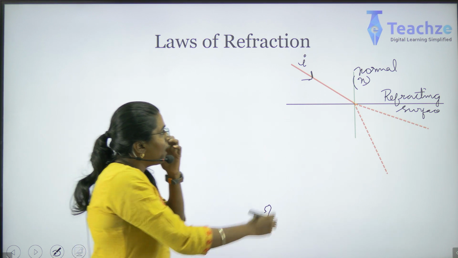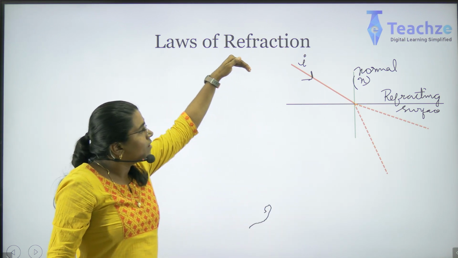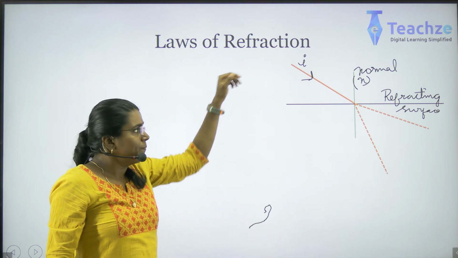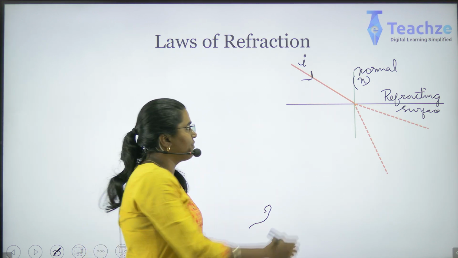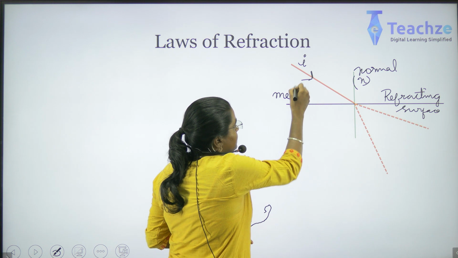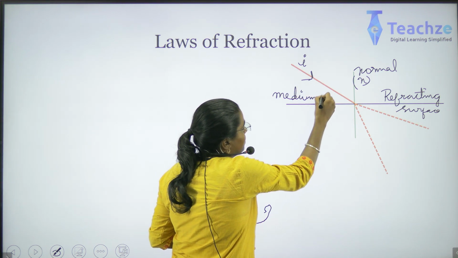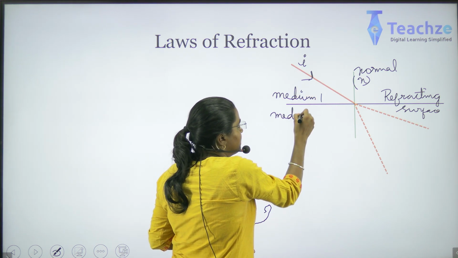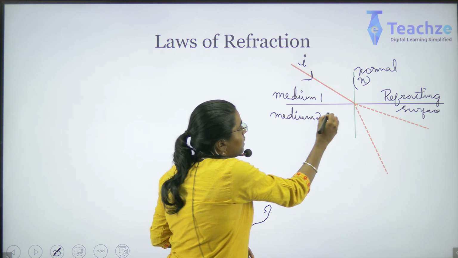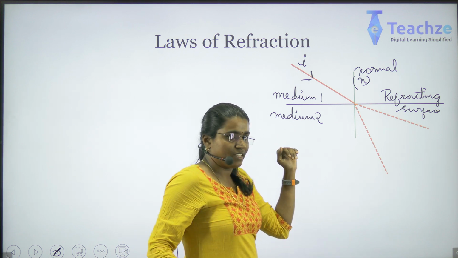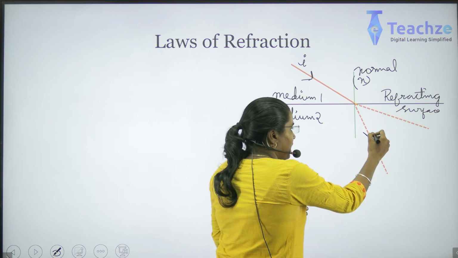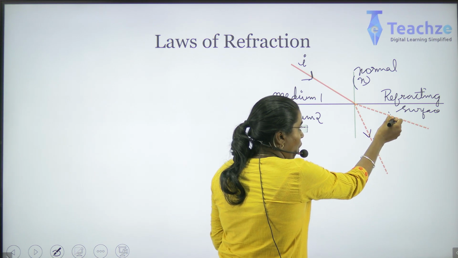When the incident ray comes near the refracting surface, there are two mediums, medium 1 and medium 2, for a refraction to happen. There are two cases for the ray after refraction. The refracted ray can go like this or like this.